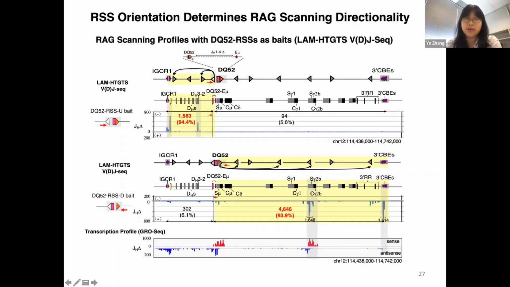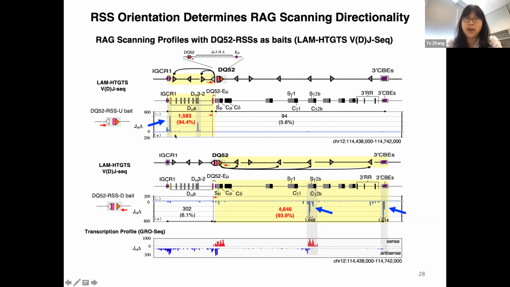The downstream RSS only initiates RAG scanning in the downstream region, and is also arrested by a CBE block. Therefore, RAG scanning has a directionality.